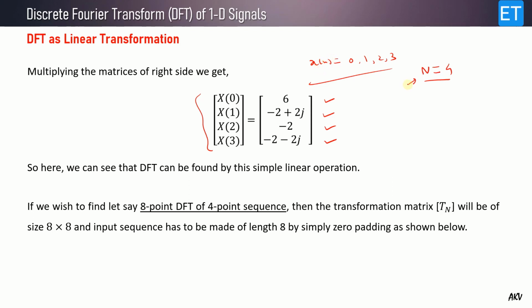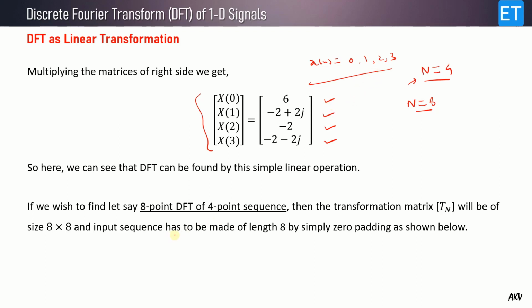But as I said, N can have any maximum value. So suppose I want to find the 8-point DFT of the sequence x(n), then how is it possible? Because your sequence is of 4-point only.